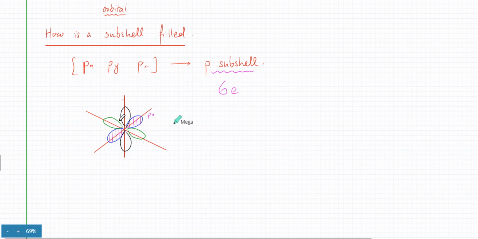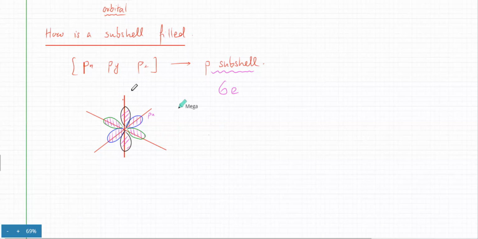So the second electron would occupy an empty orbital, because that's more convenient for it. And the third electron would not go into the orbitals that already have an electron; it's going to fill the empty space, so it's going to fill the pz orbital.